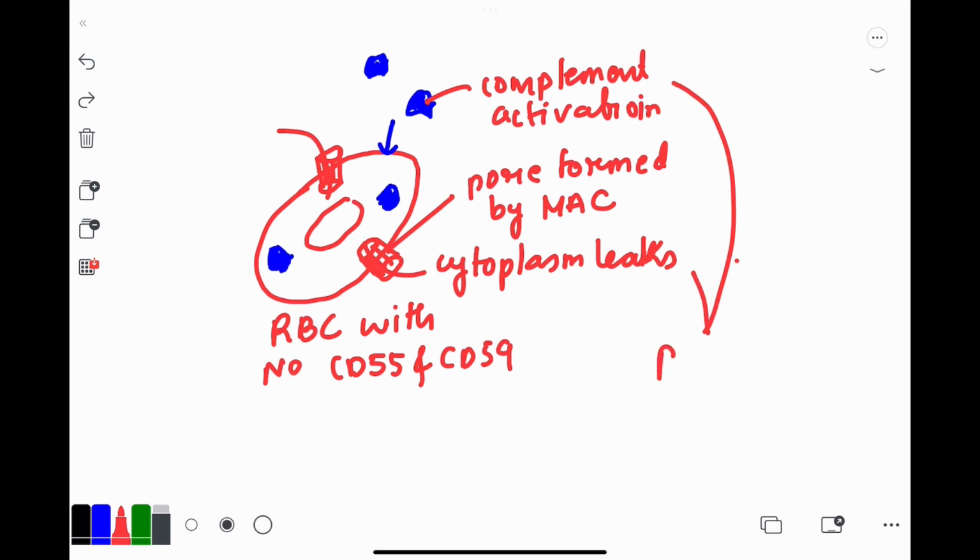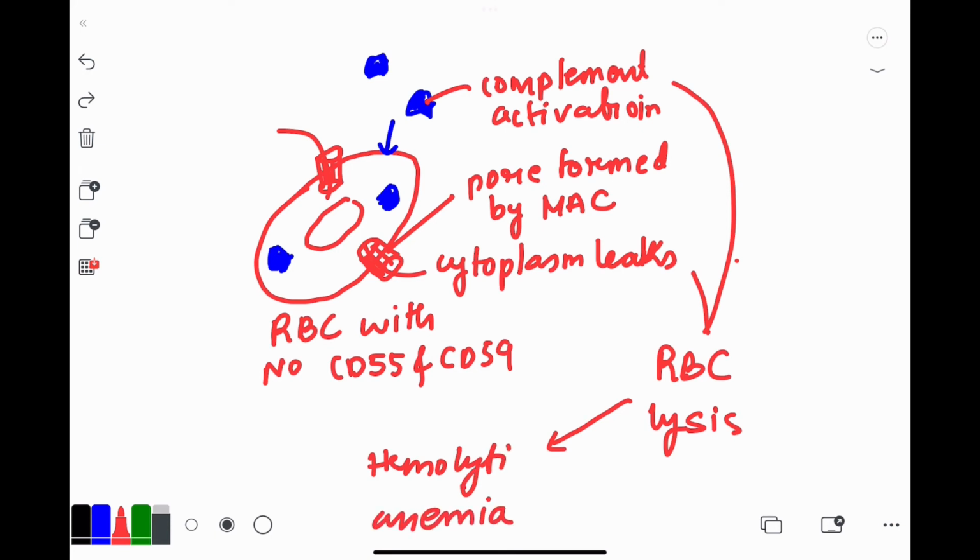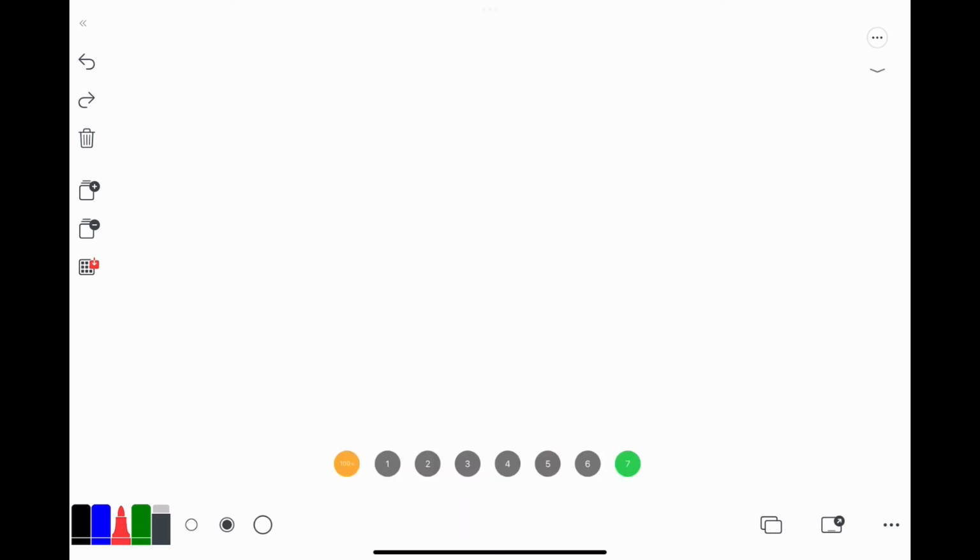Ultimately red blood cell lysis occurs, and this is the basics of the pathogenesis. This results in a hemolytic anemia, and the hemolysis is intravascular, not extravascular.